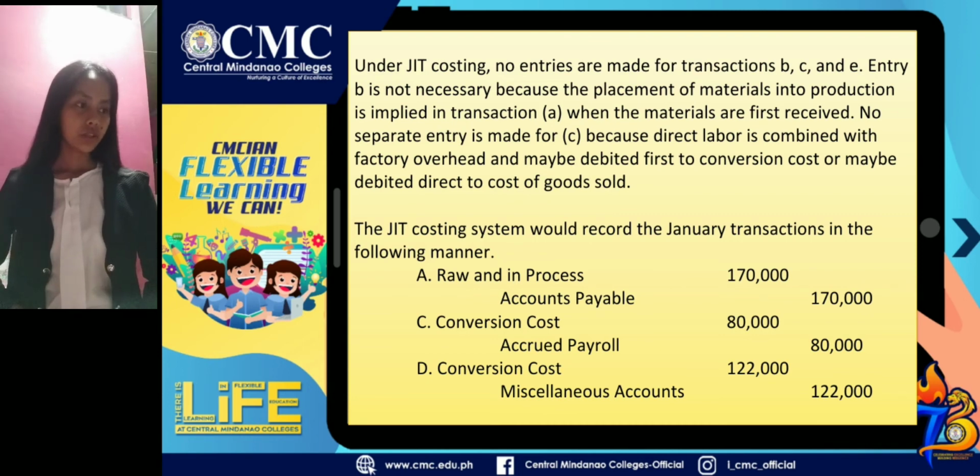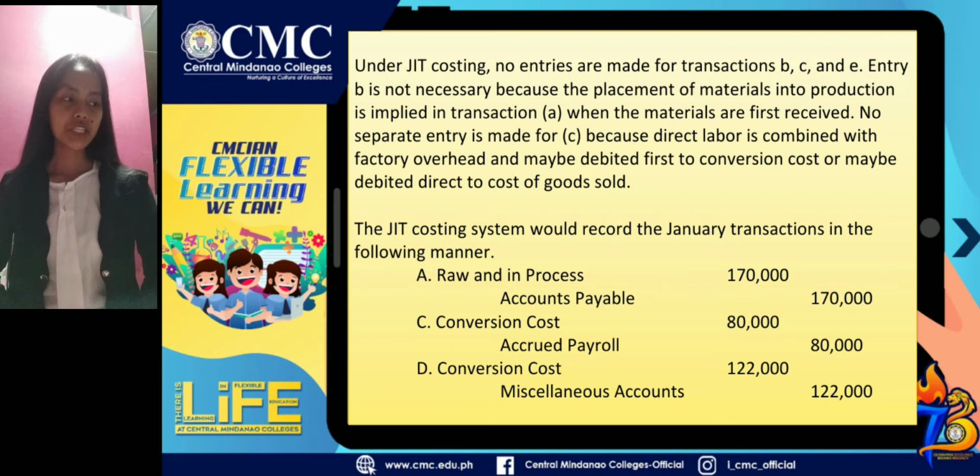Next, no separate entry is made for C because direct labor is combined with factory overhead and may be debited first to conversion cost or may be debited directly to cost of goods sold. So, bakit daw po walang entry yung transaction C natin? Kasi kagaya ng sinabi ko kanina, conversion costs are direct labor and manufacturing overhead.